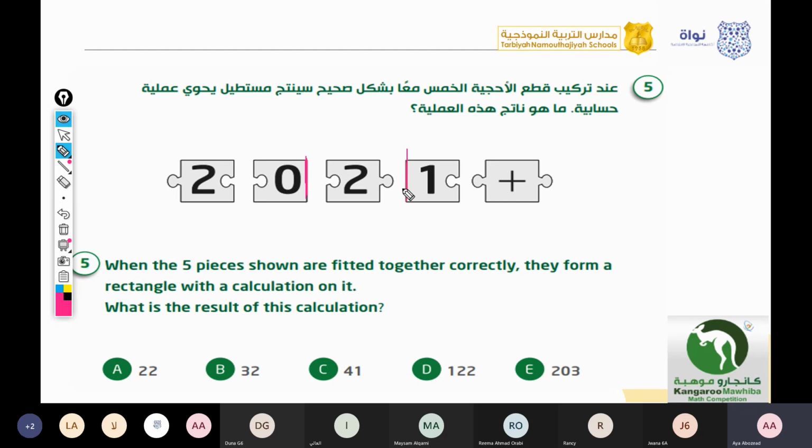I'm waiting to see your answer. A or B or C or D or E.